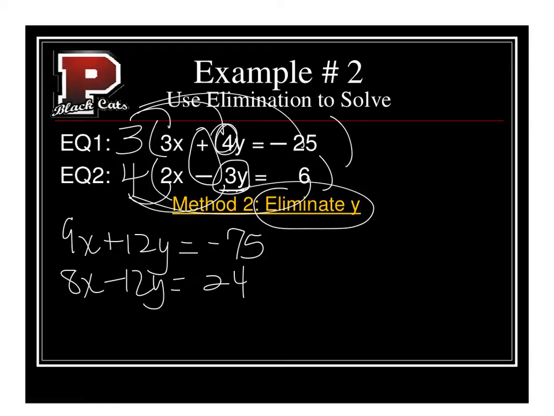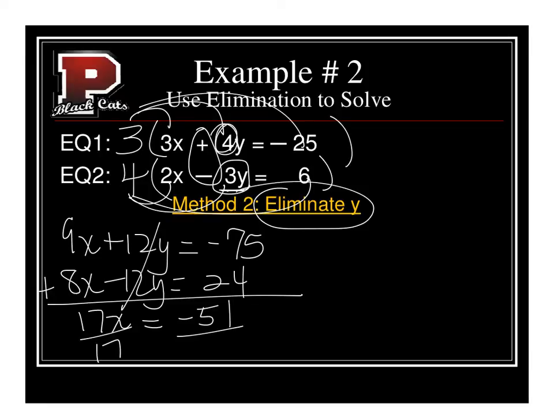So then all I have to do is add, because I have the same number, different sign, and these cancel out, and I get 17x equals -75 plus 24, which is -51, and I divide by 17, so that would give me for x a -3.